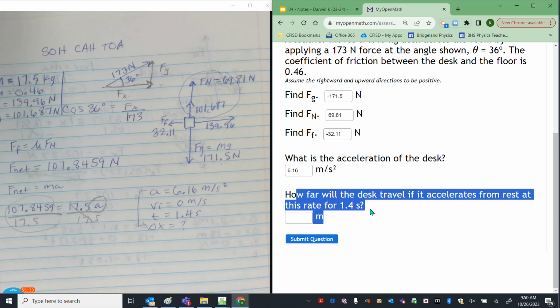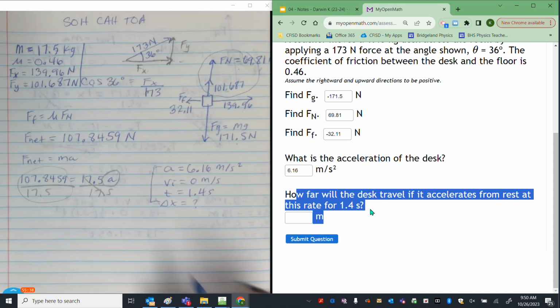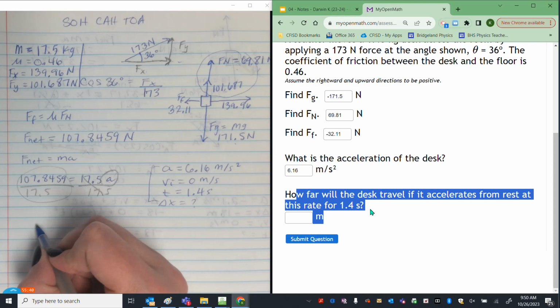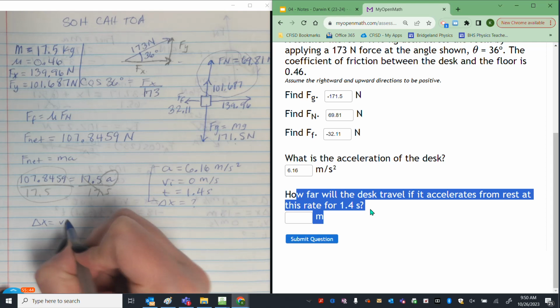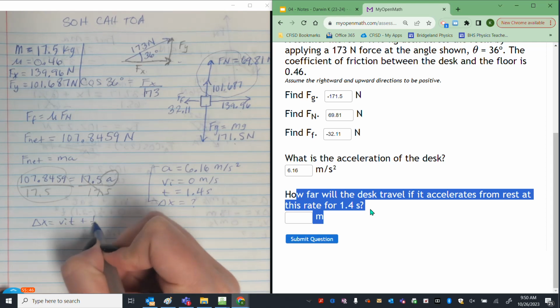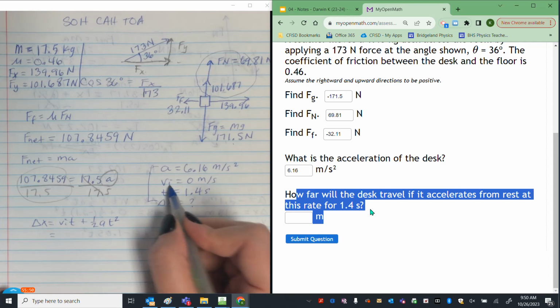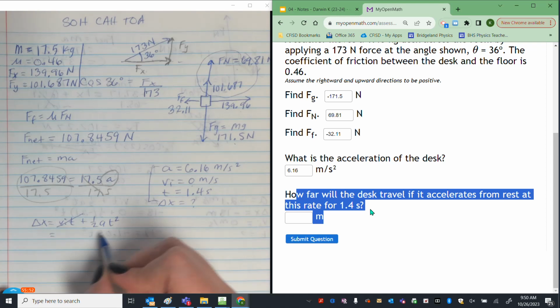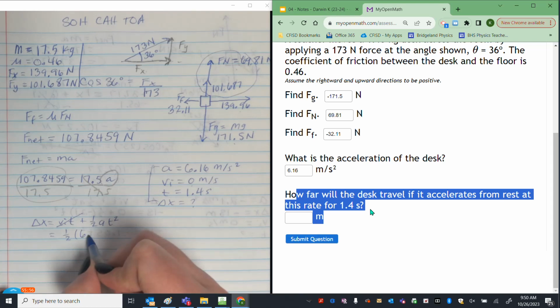And the one that you're going to want to use is the third one on my board. Delta x equals v_i t plus 1/2 a t squared. Substituting in, 0 times anything is 0. That goes away. So it's 1/2 times a, which is 6.16, times t squared, which is 1.4.